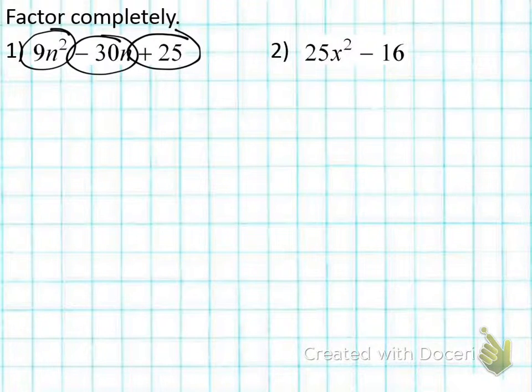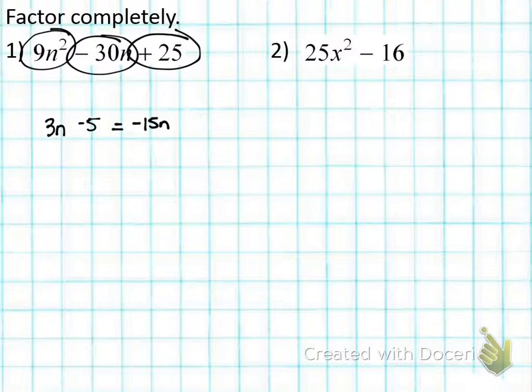The way you check is you take the square root of 9n squared, which is 3n, and the square root of 25, which is 5, or it could be negative 5. I'm going to say it's negative 5 because this middle term is negative, okay? And we're going to multiply that, and it's going to be negative 15n, right?